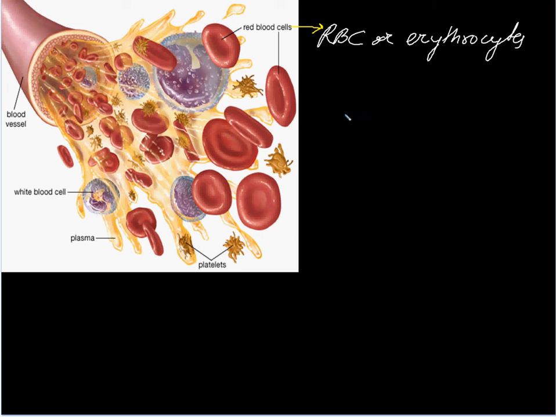Now, how come they are red in color? The redness of the RBC is due to the presence of a pigment known as hemoglobin. This hemoglobin acts as an oxygen carrier, so the function of the RBC is carrying oxygen.